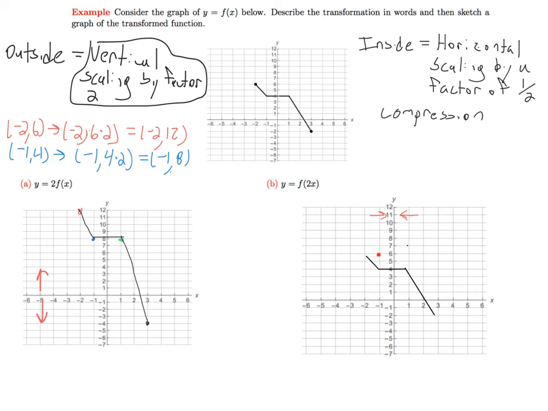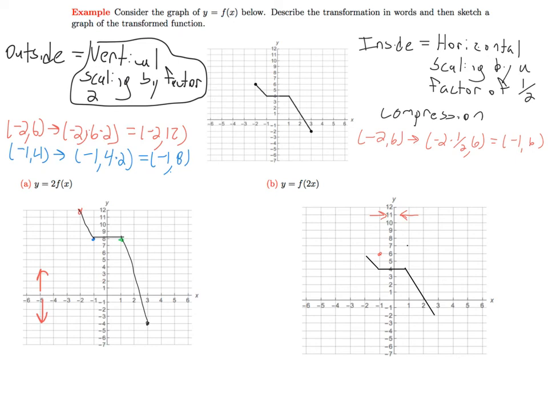And so it's going to wind up over here at minus 1, 6. So we started at the point minus 2, 6. It gets compressed by a factor of 1/2, so it winds up at minus 1, 6 over here. And we do this for every other point.